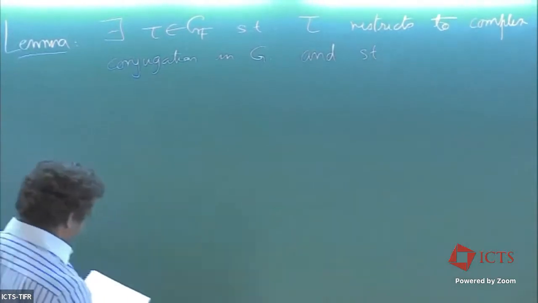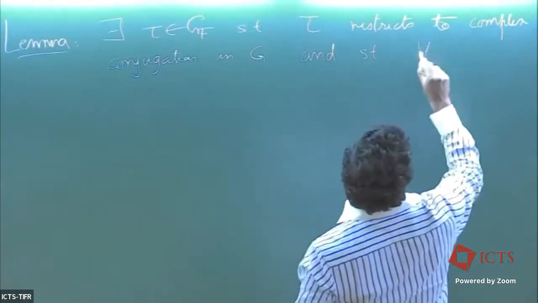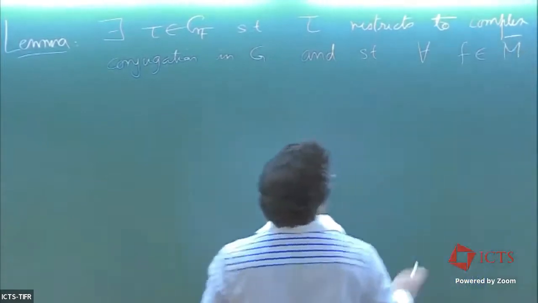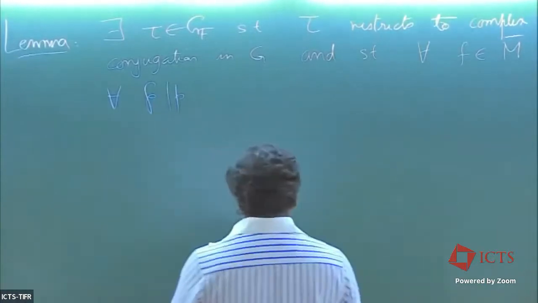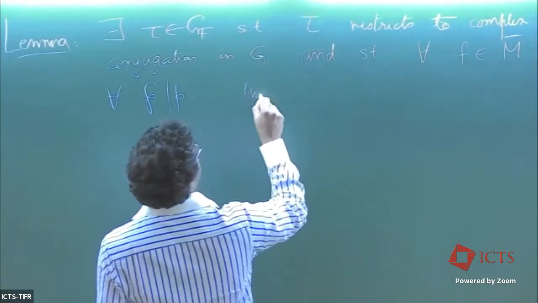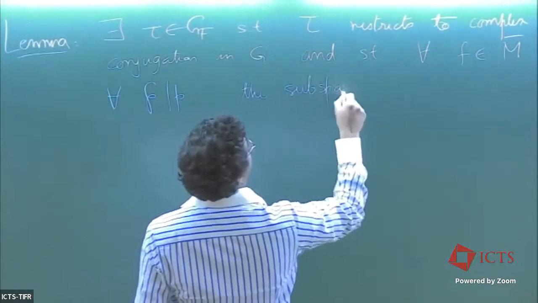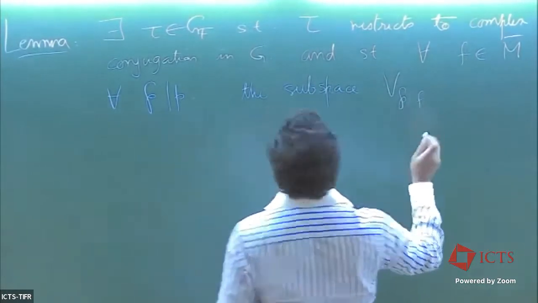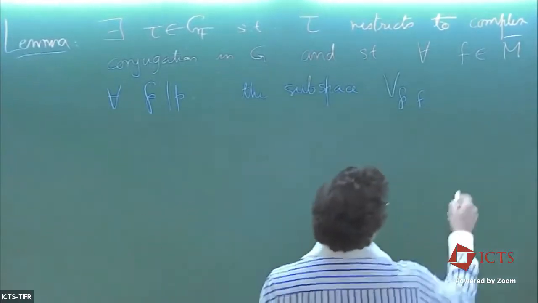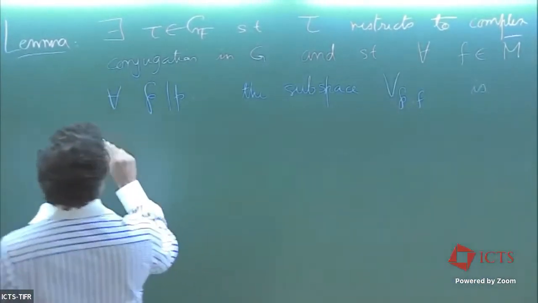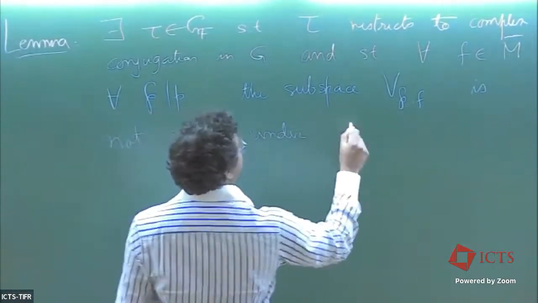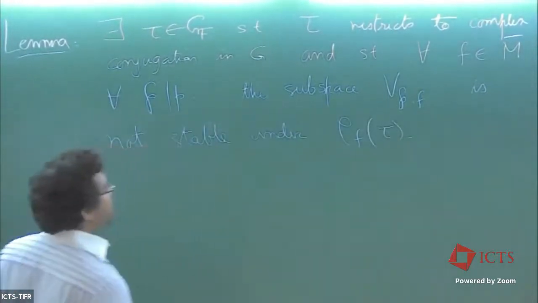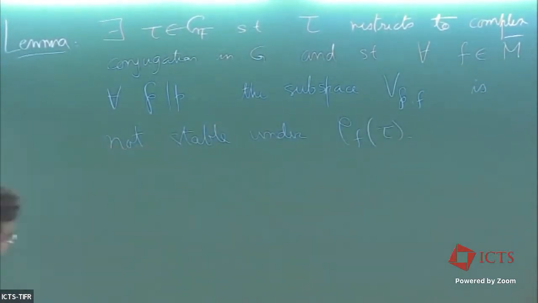This is the part why I say it's a lemma: such that for all f in this set and for all p dividing the relevant integer, the subspace V_p(f) is not stable under rho_f(tau).